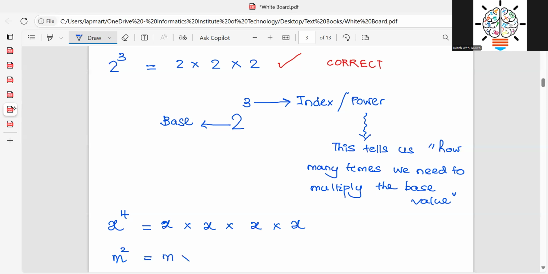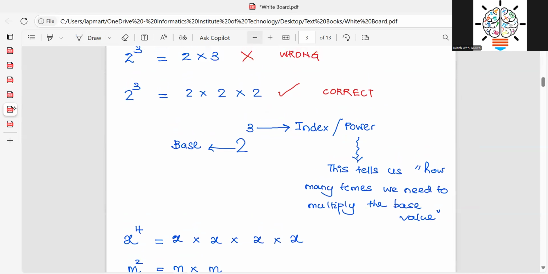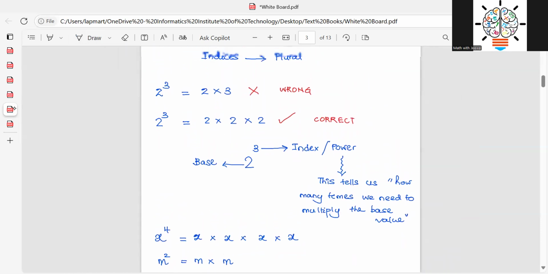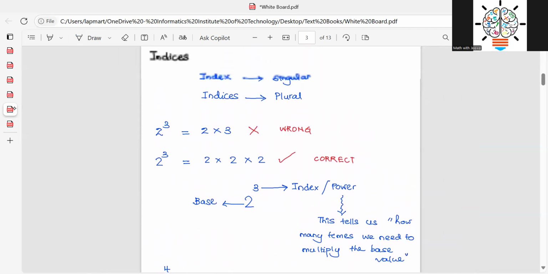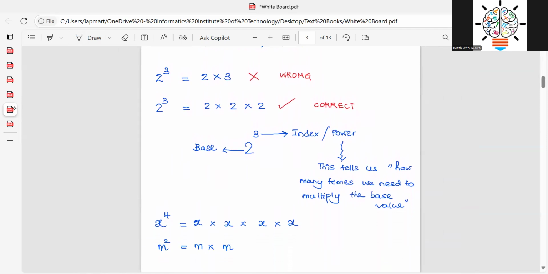You multiply m times m, right? So this is all about the introduction to indices, right? So then the next day I will discuss more deeper areas related to this, right? Please copy down this note. And this is just the introduction, and tomorrow we will discuss more on this topic.